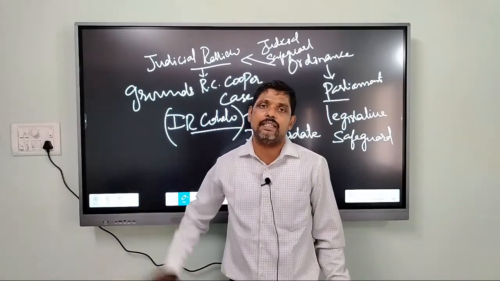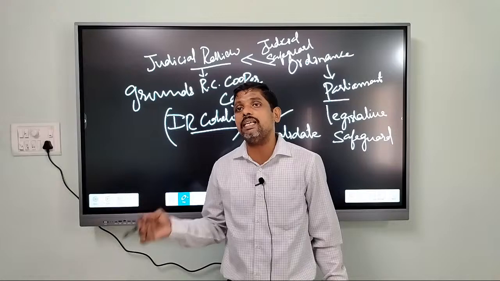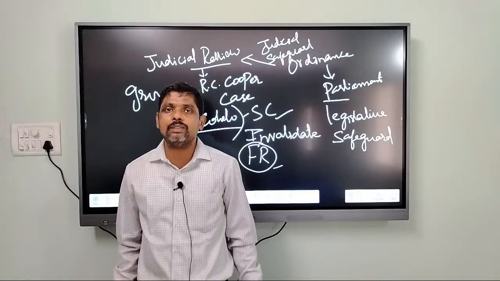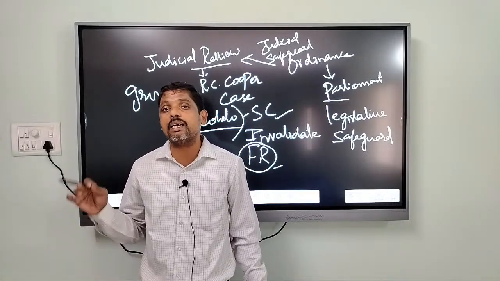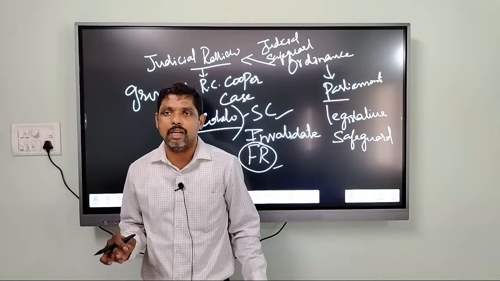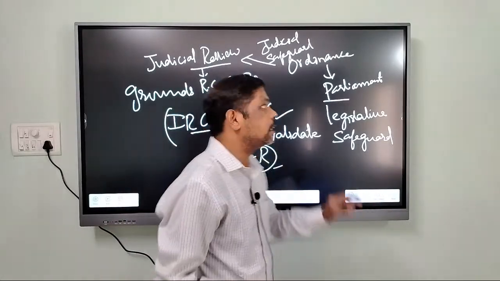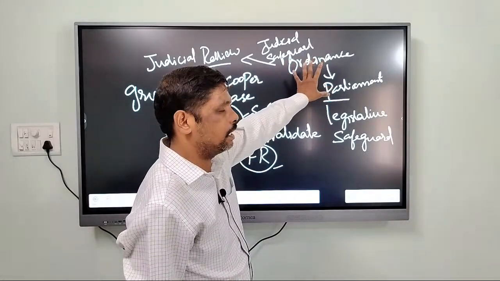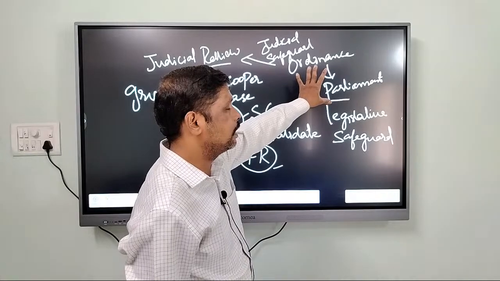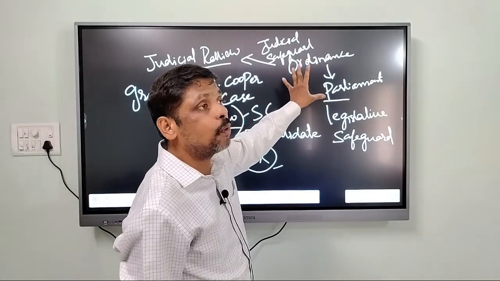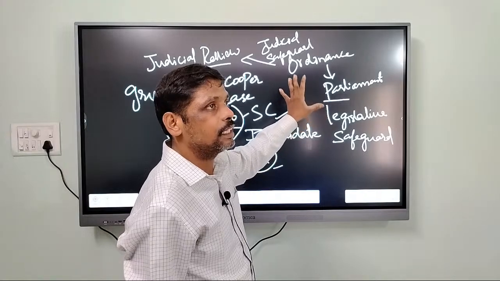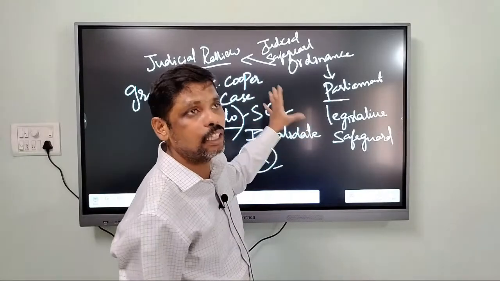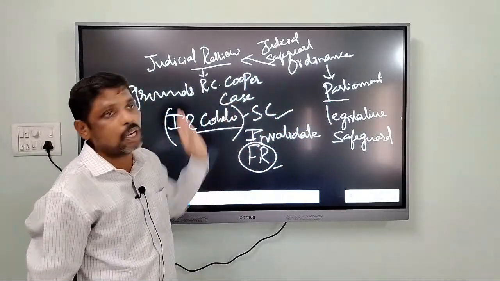Remember, definitely, if an ordinance is rejected on the floor of the House, it can be a ground for introducing a no confidence motion, if that ordinance is regarded as an important ordinance of the government.